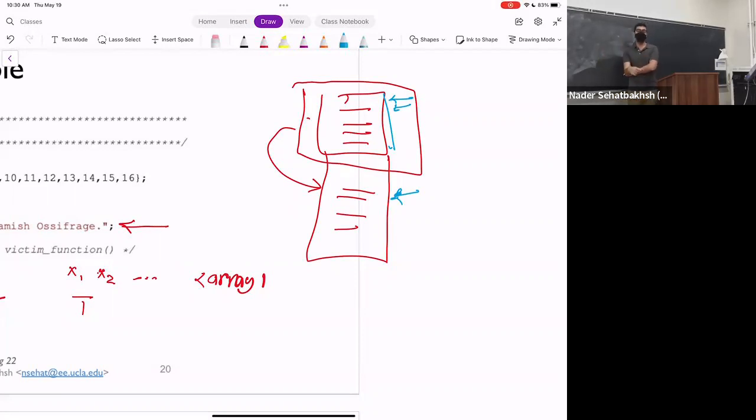Okay. And this will bring the data to the cache, and then we can launch cache side-channel attacks and all those other attacks that we discussed in the course to finally extract the value that we want. Okay? Any questions?